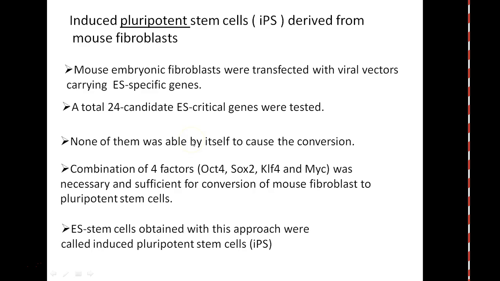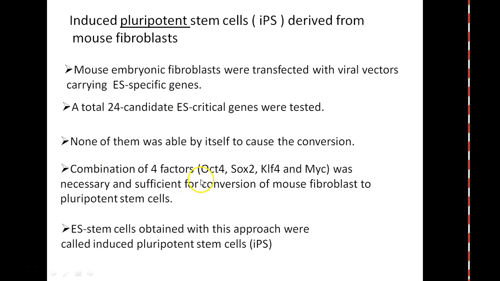And when they were testing one by one, so they would put one gene into the adult cell, they were not successful. None of them was able to cause the conversion by itself. But when they started using combinations of different factors, they finally hit the jackpot.